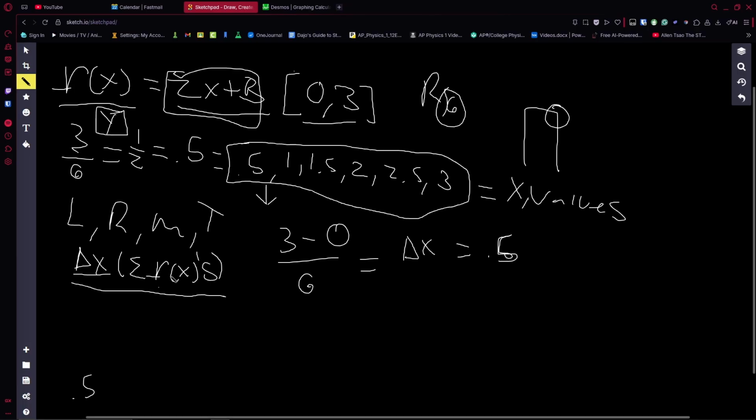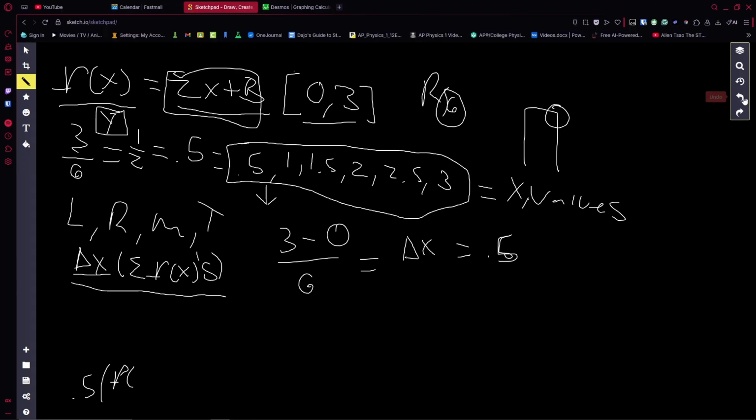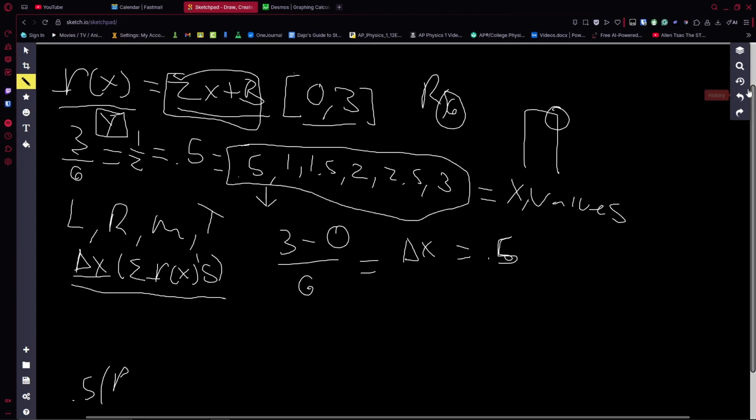Now we just need all of the f of x values for these corresponding points. So we can do that. We can do 5, and then we have to do f of 0.5. But, sorry, I actually almost forgot the one caveat: in these sums, if we're doing right Riemanns, we know that we're missing one of the points.